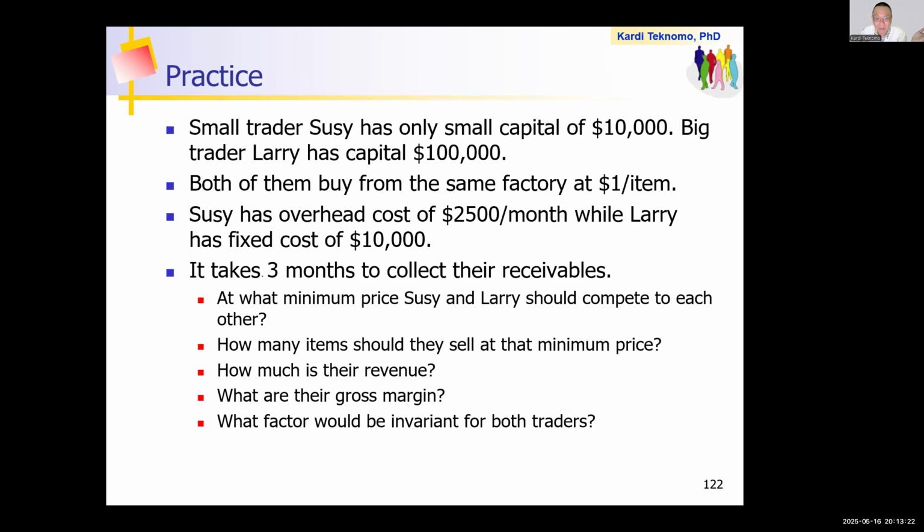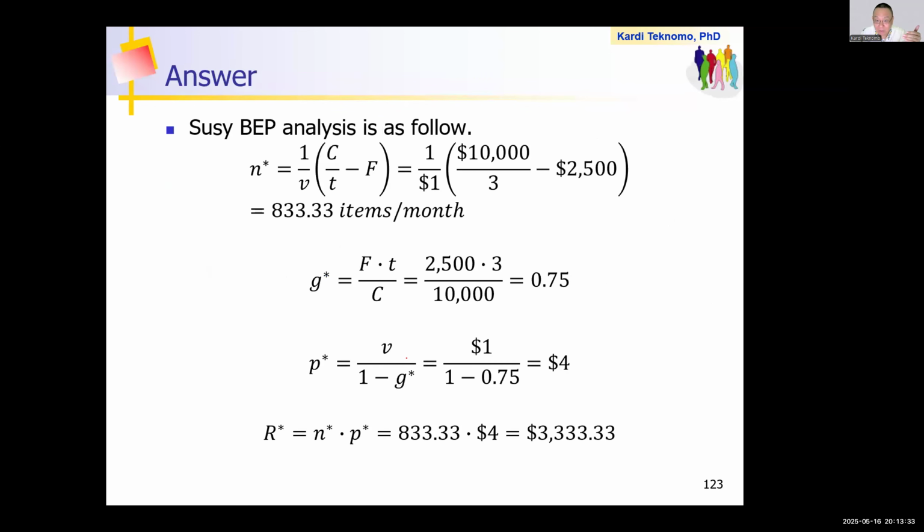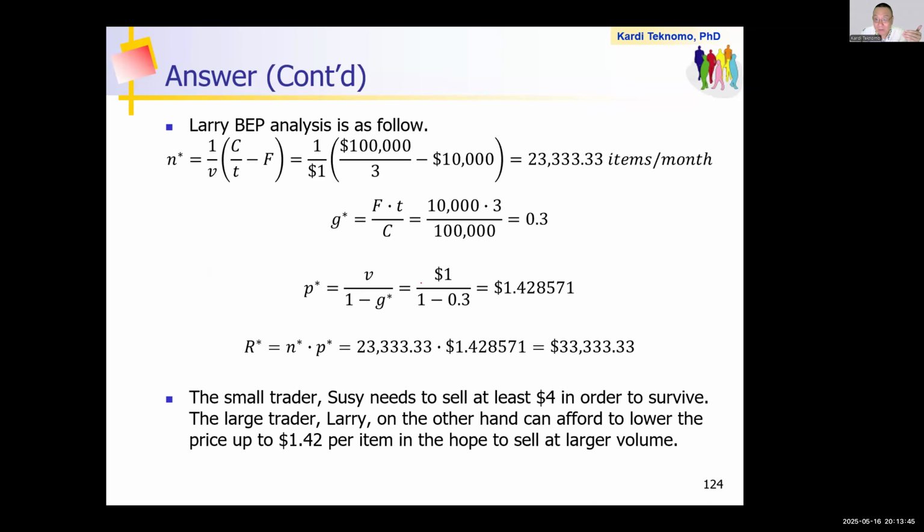And say the delay is the same. How much does the price need to change so that they can compete? Then you will start to see that the small trader needs to sell at this many items per month, and this is the revenue. And the large trader needs to sell much cheaper.